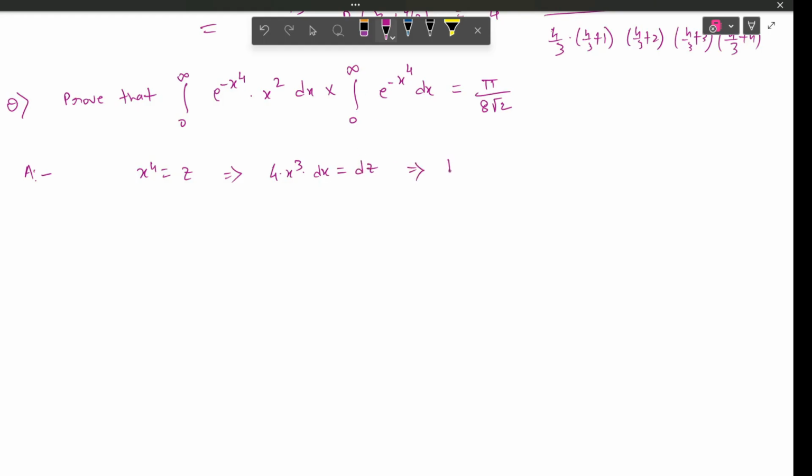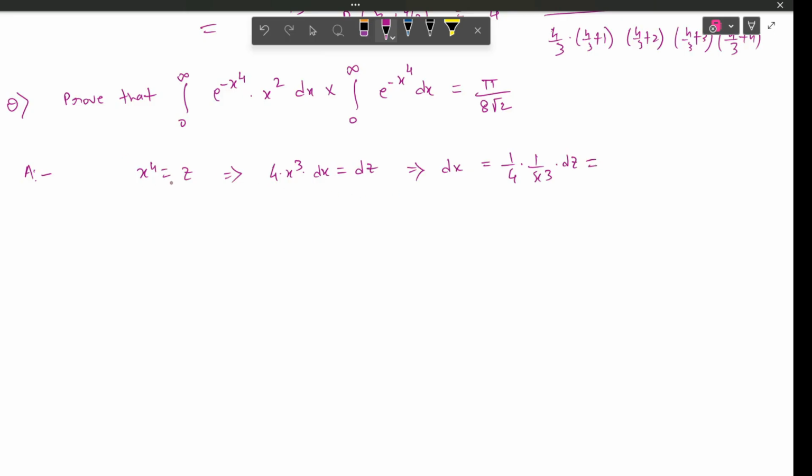Or we can say that dx is dz by 4x cube. Okay, let us write it first: 1 by 4 into 1 by x cube into dz.